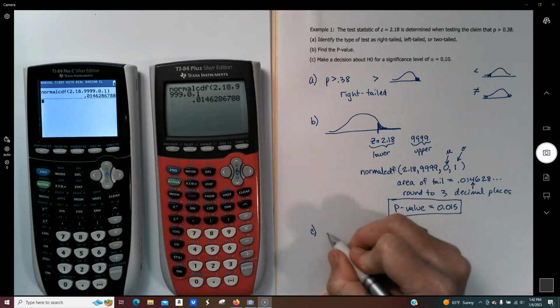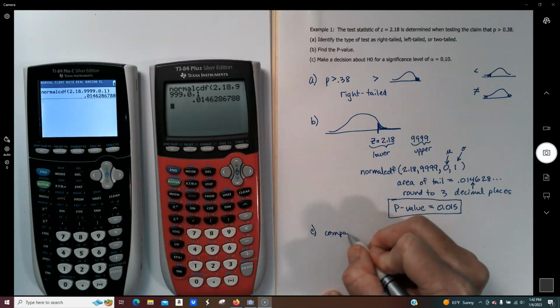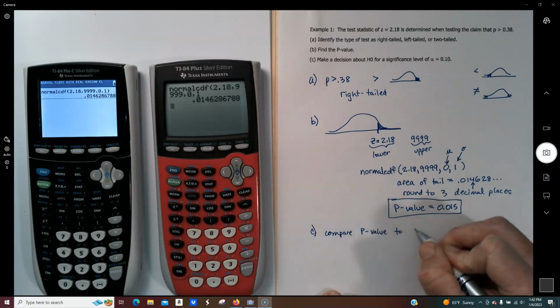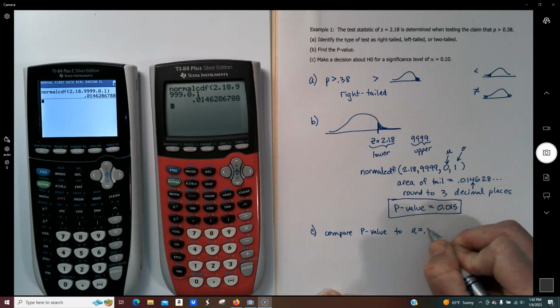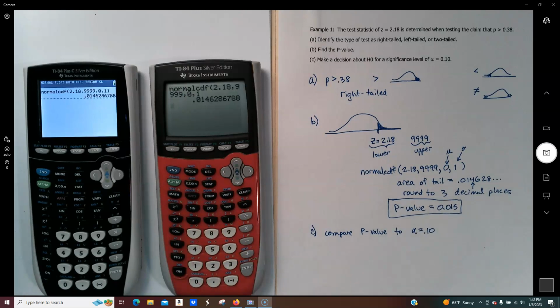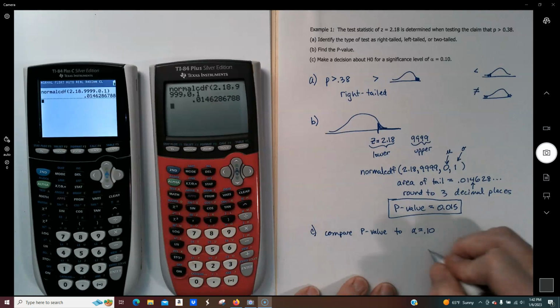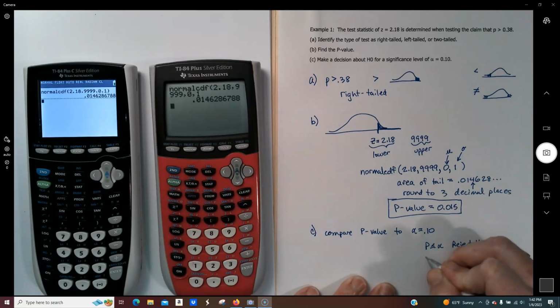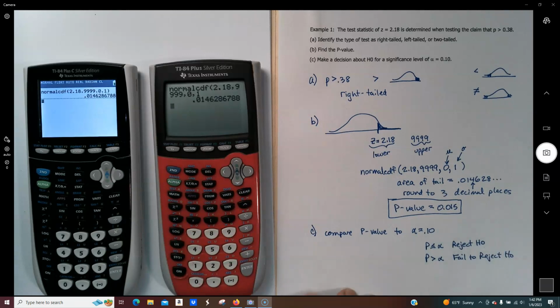Now what we want to do is compare the p-value to alpha, which is 0.10. When the p-value is less than or equal to alpha, the decision is to reject the null hypothesis, and when the p-value is greater than alpha, the decision is to fail to reject the null hypothesis.